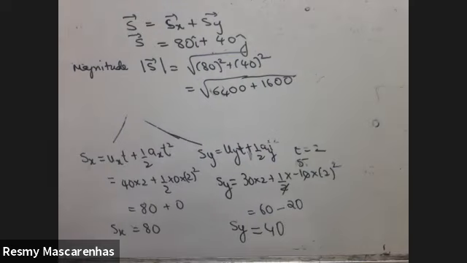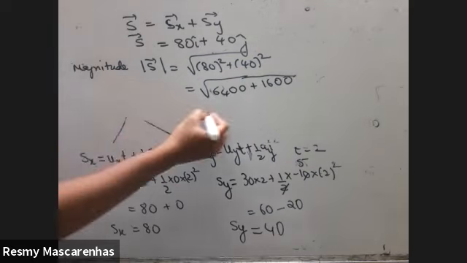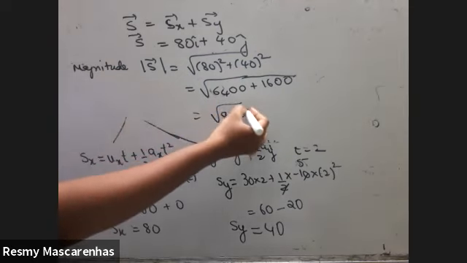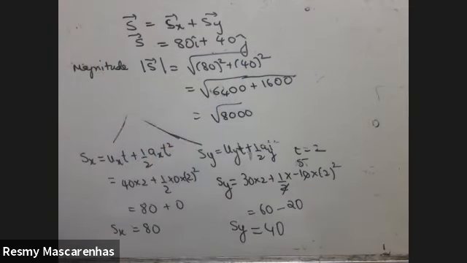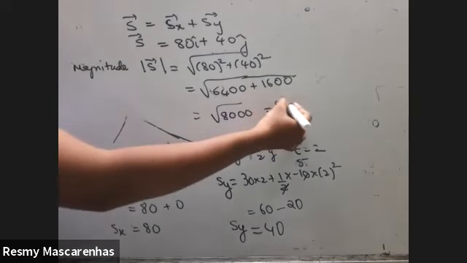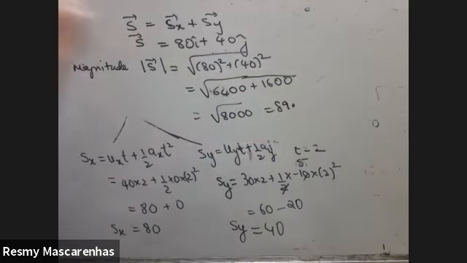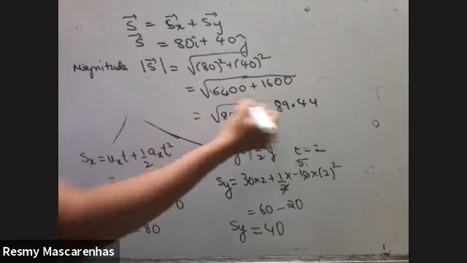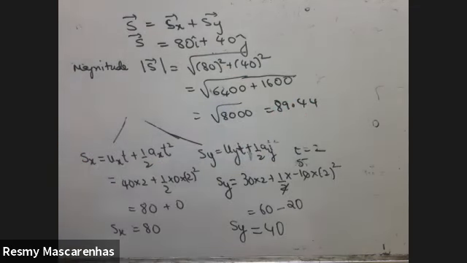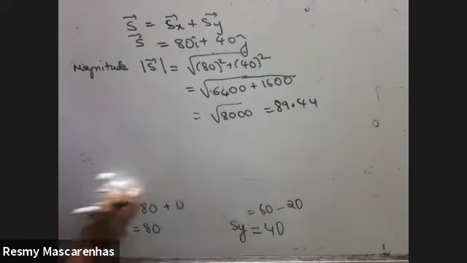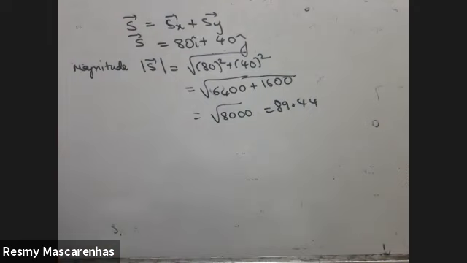So 6400 you have to add to 1600. That will give you 8000. Square root of 8000 will be around 89.44. So all the parts are done.